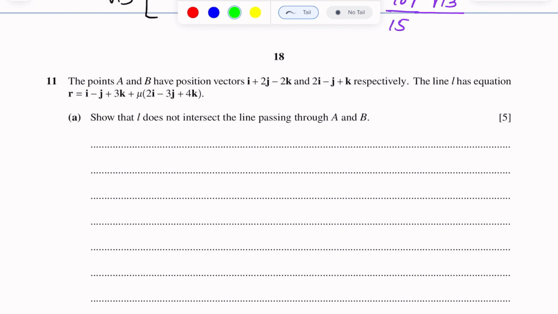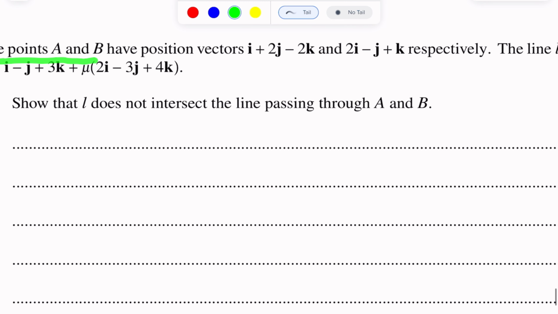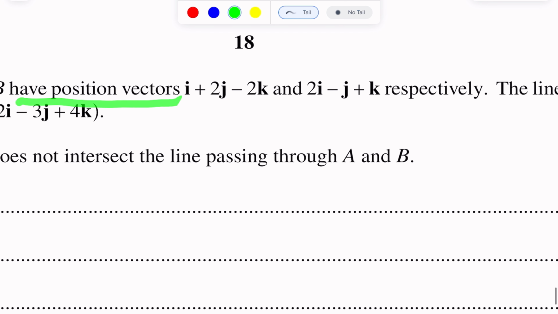Last question of this paper is question 11. This question is of vectors. The points A and B have position vectors i plus 2j minus 2k and 2i minus j plus k respectively.